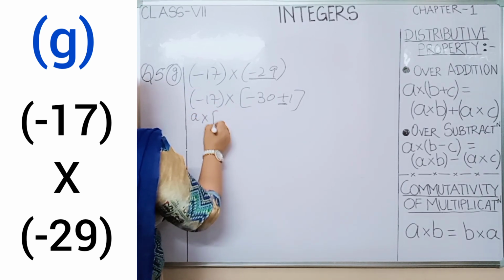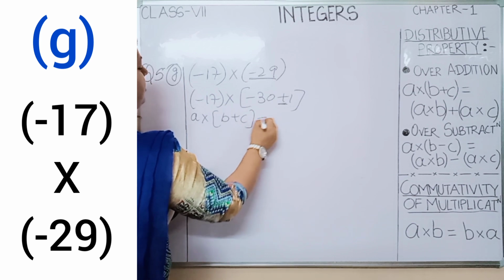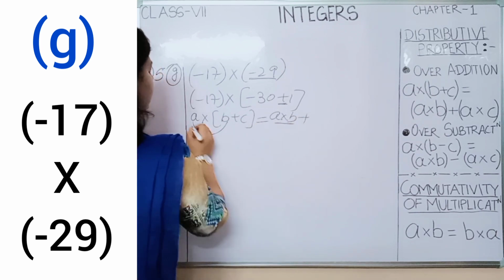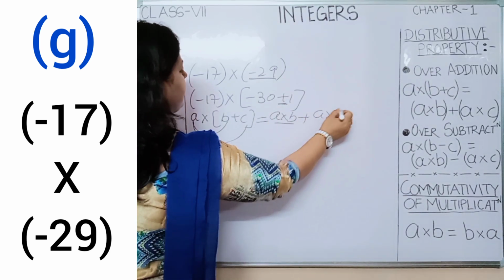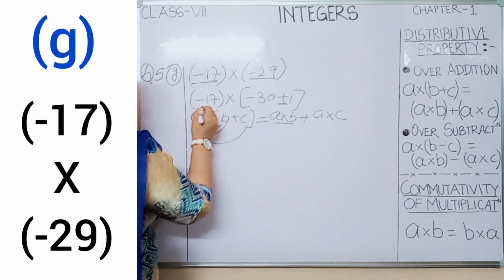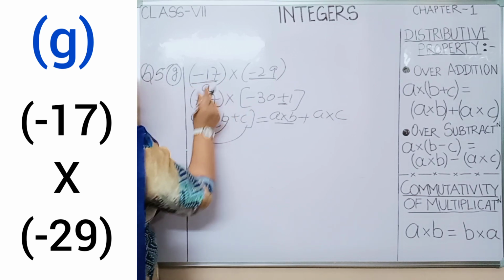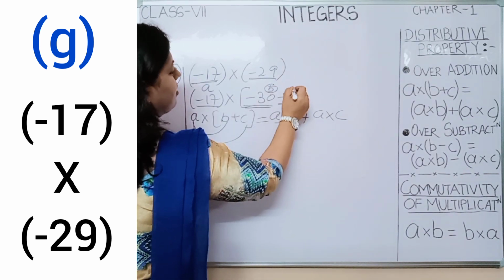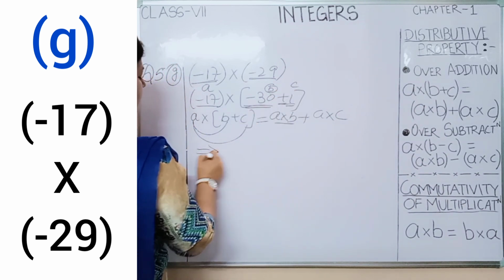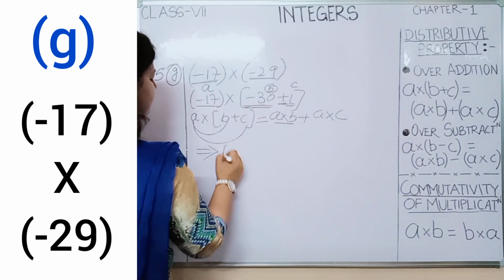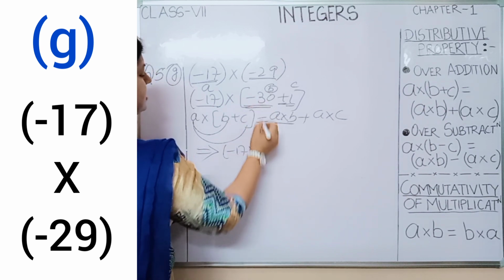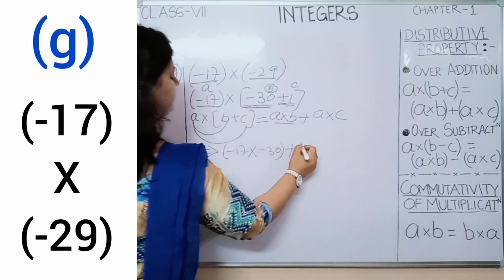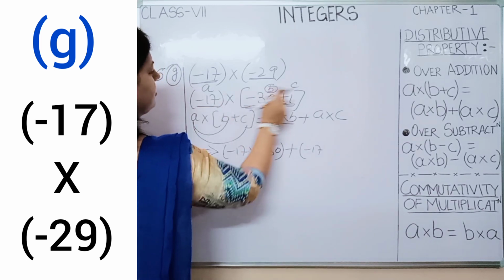Now we have plus here, so we use distributive property over addition. A into B plus C, and again I told you A, B, then plus A multiplied with C. Here A is minus 17, B is minus 30 and C is 1. So minus 17 multiplied by minus 30, and plus minus 17 multiply with 1.